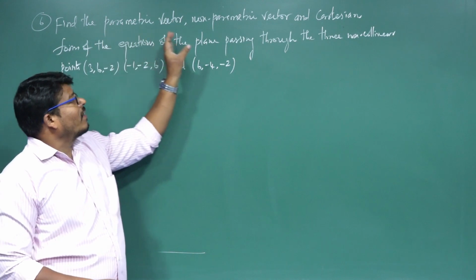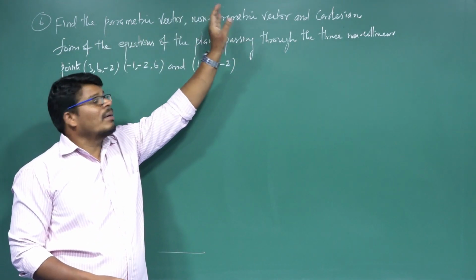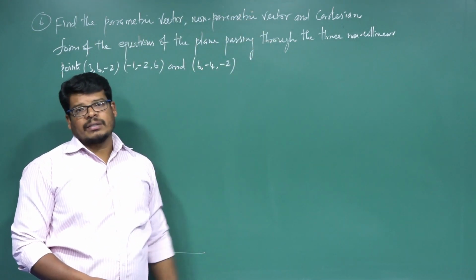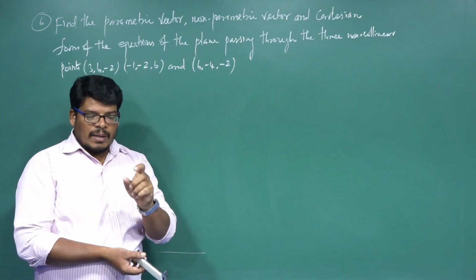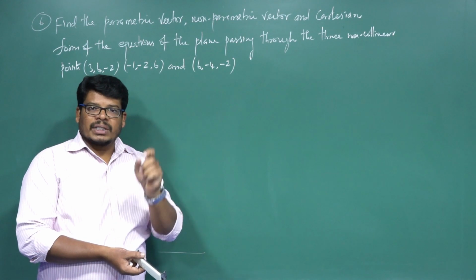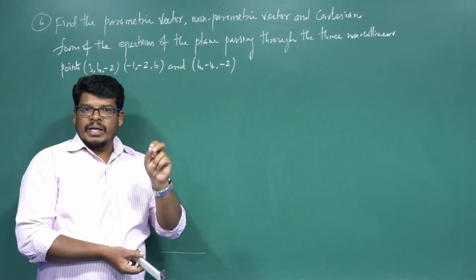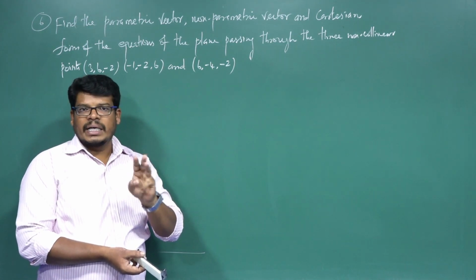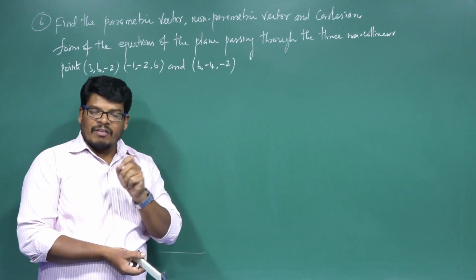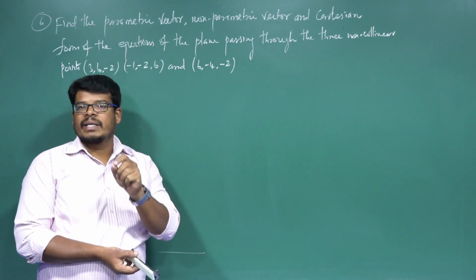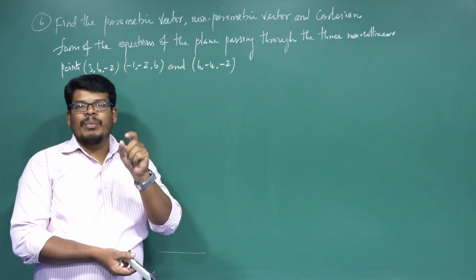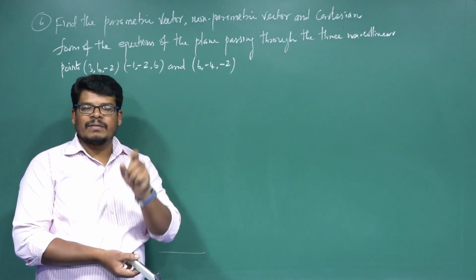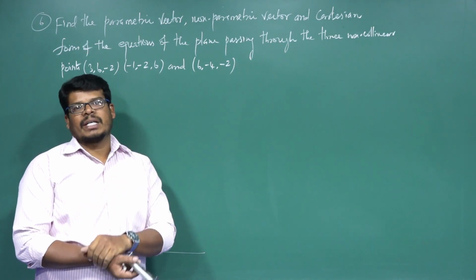Already you know the formula. The parametric form of the vector equation is r vector equal to a vector plus s of b minus a plus t of c minus a.